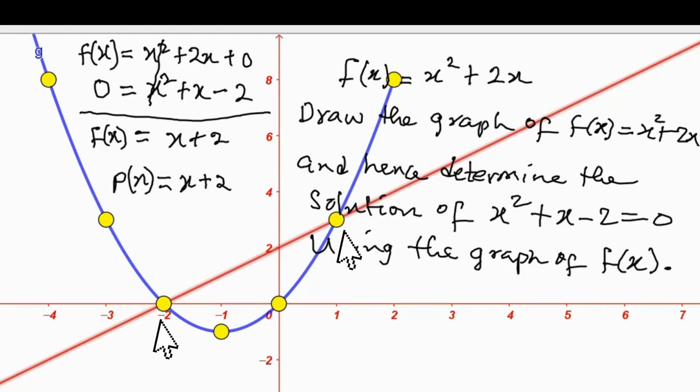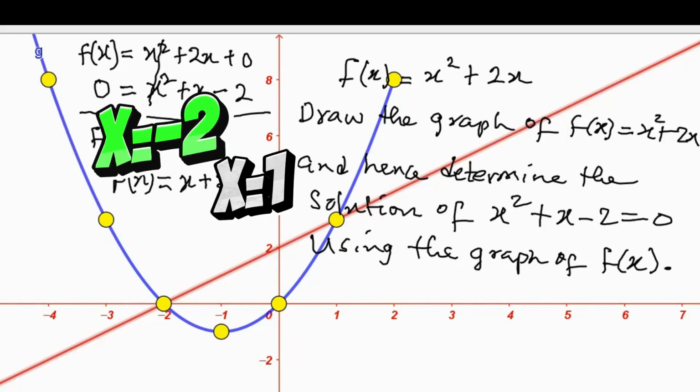You'll see the two places where this line intersects with the curve. Can you see the two places? Beautiful. So we'll go on to find the x values of these two points of intersection, and it will serve as the solution to this equation given.